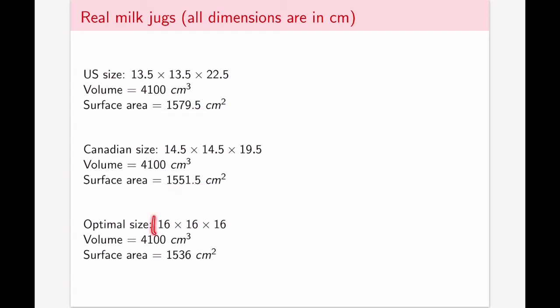The optimal size, which will be the cube, which again is closer to the Canadian than the US, will result in an even smaller surface area, and this is the smallest possible surface area that will enclose this amount of actual volume. So, despite the fact that Canadian is closer to the optimal, it's not quite there yet.